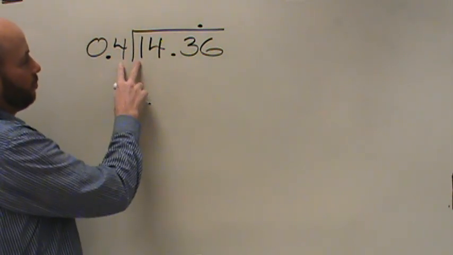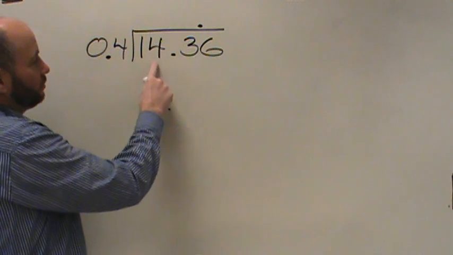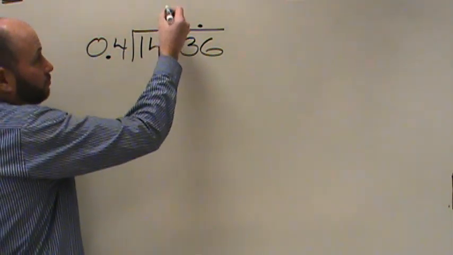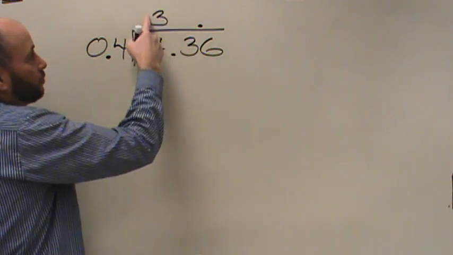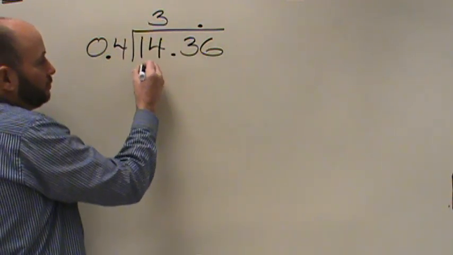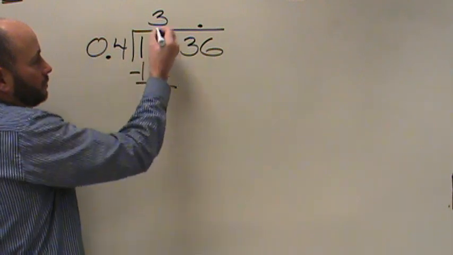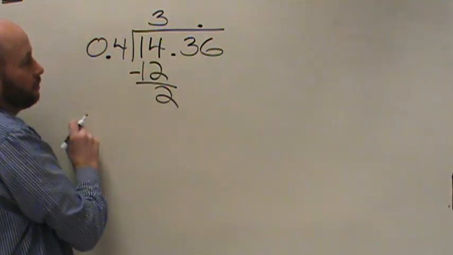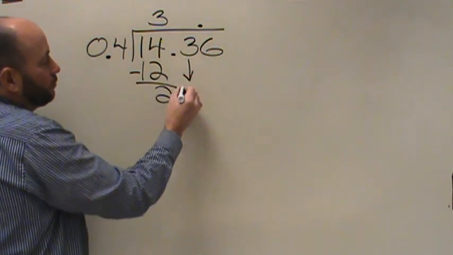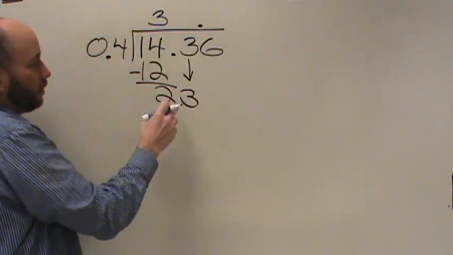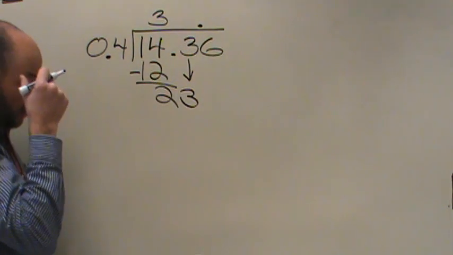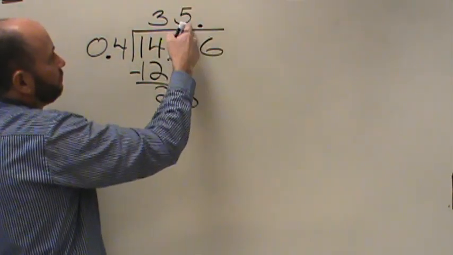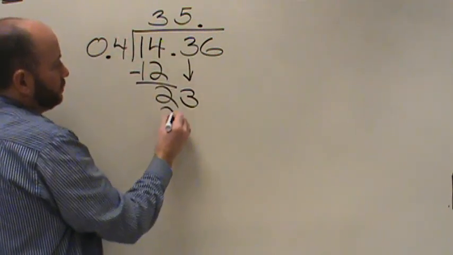4 cannot go into 1. 4 into 14 will go a total of 3 times. 3 times 4 is 12. Subtract, you have 2. Partial remainder below 4, good. Bring down your 3. 4 into 23 will go 5 times. 5 times 4 is 20.